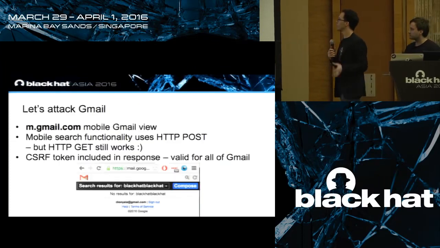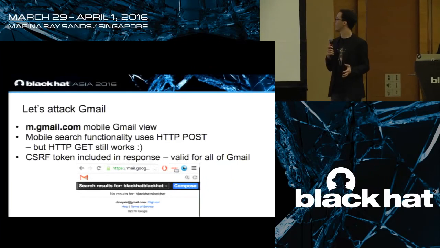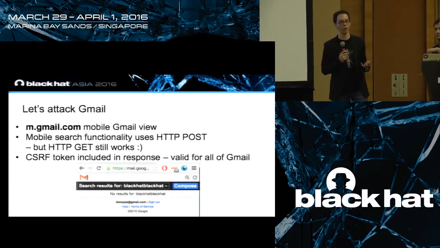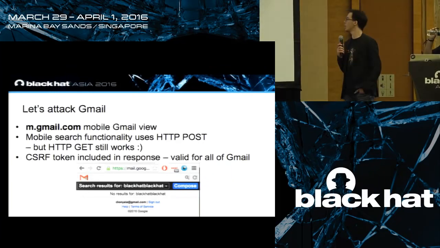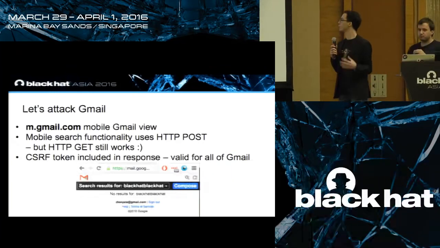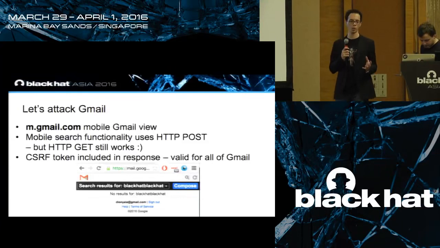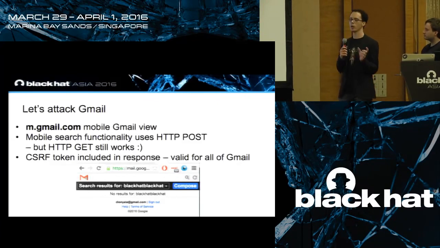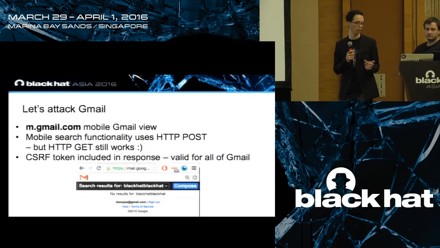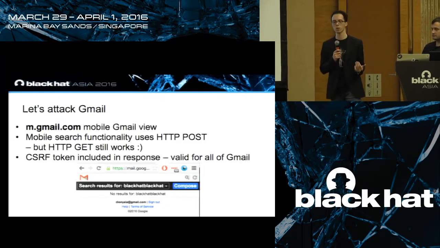So, let's see what Gmail offers. Google offers a mobile view on Gmail, which has a mobile search functionality that uses POST, but also works on GET. So we can search using GET parameters, and this parameter is reflected in the response body.